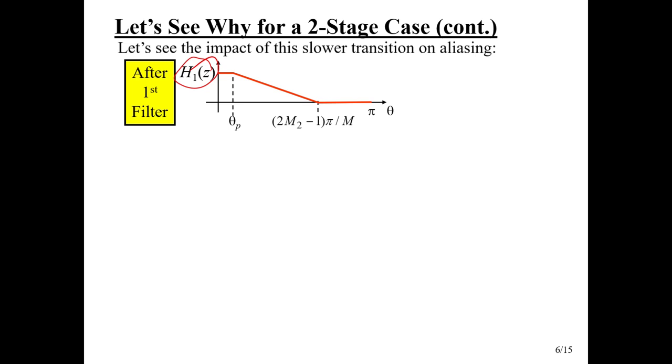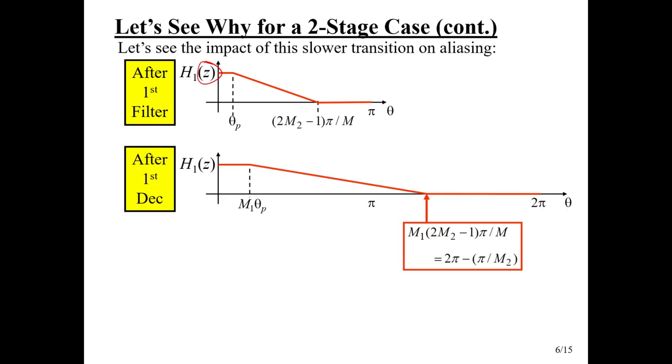Then that spectrum times this gives me the output spectrum. So I can view this as kind of a worst case signal spectrum after the filter. That's why I'm showing plots of these frequency responses, even though I labeled them incorrectly.